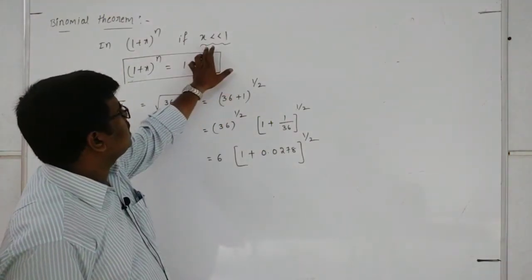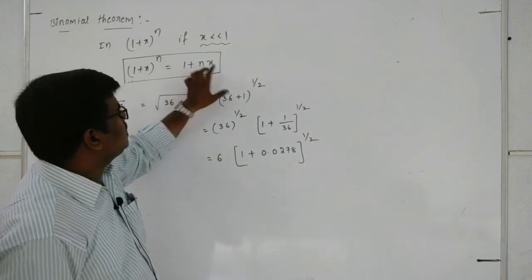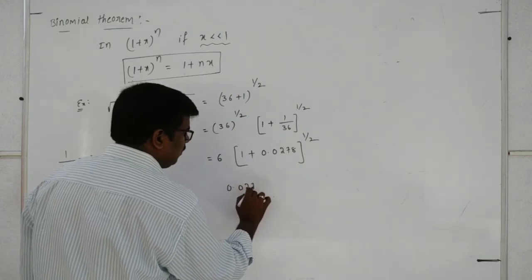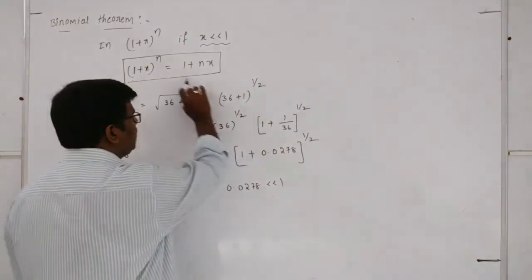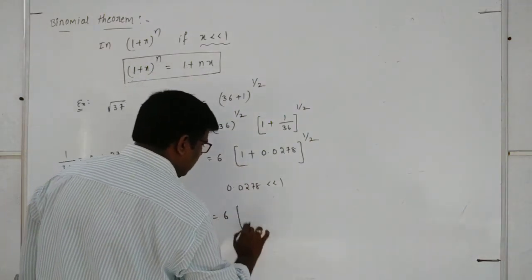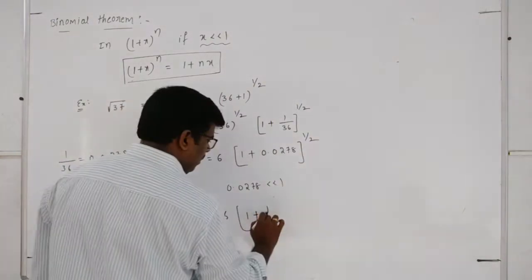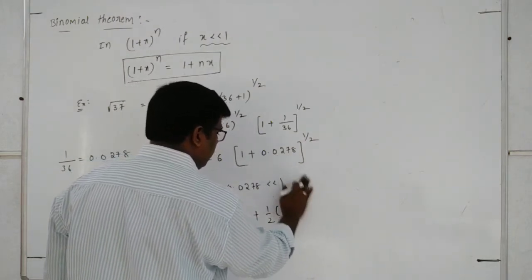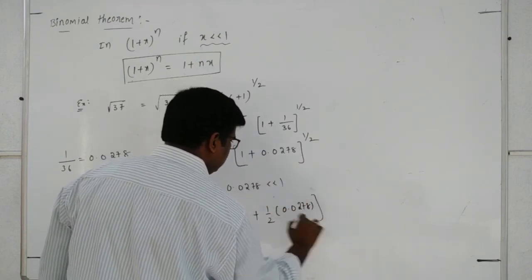You observe here, x is very much less than 1, so (1 plus x) whole power n we can write as 1 plus nx. In the same manner here, 0.0278 is very much less than 1. Here n is 1 by 2 and x is 0.0278.